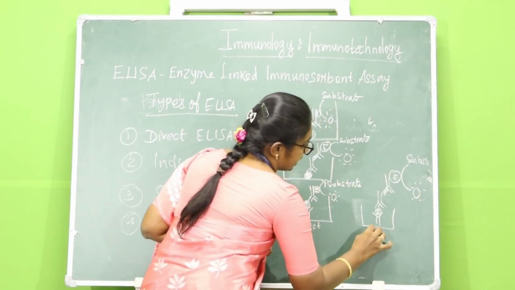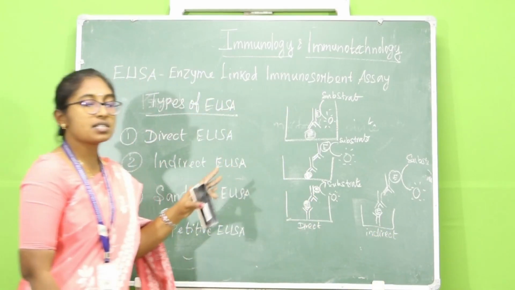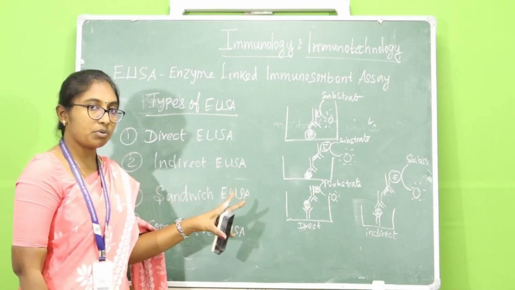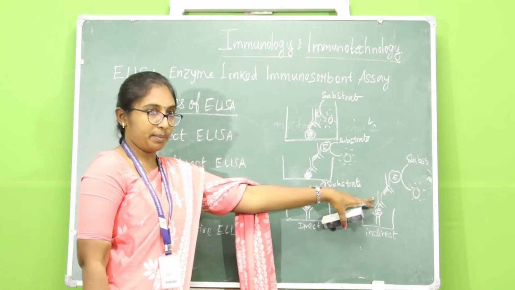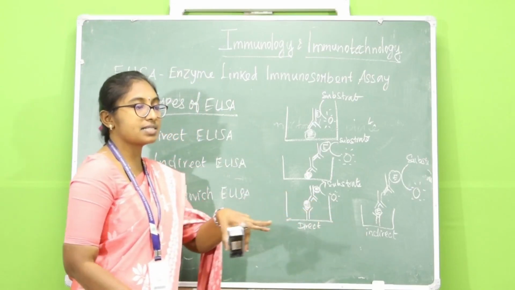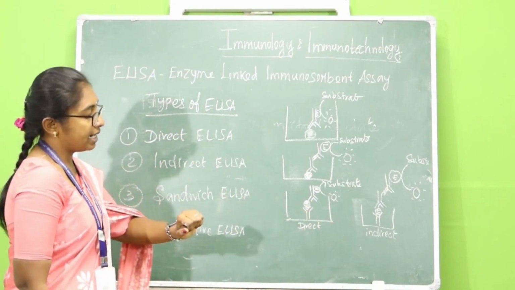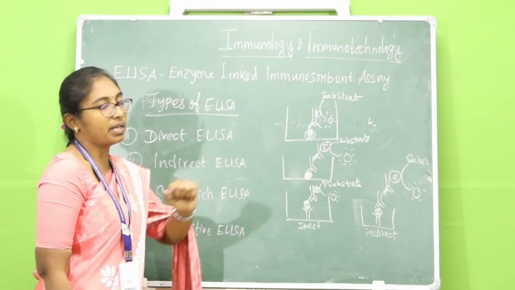So we call this an indirect sandwich ELISA. That is the role of two antibodies, primary and secondary. You never link the enzyme with the primary antibody, only with the secondary antibody. That's why it is called an indirect sandwich ELISA. In direct sandwich ELISA, we link the enzyme directly with the primary antibody.